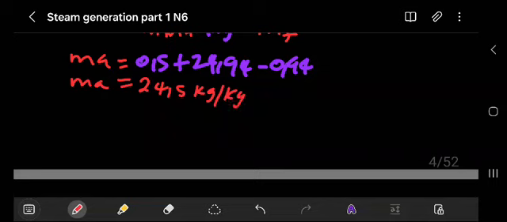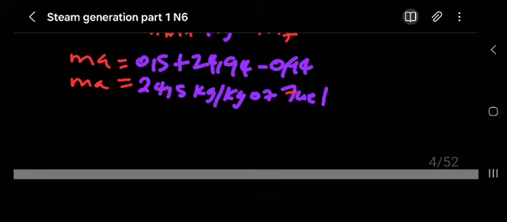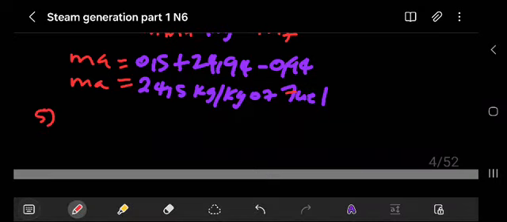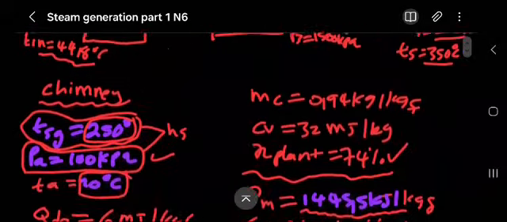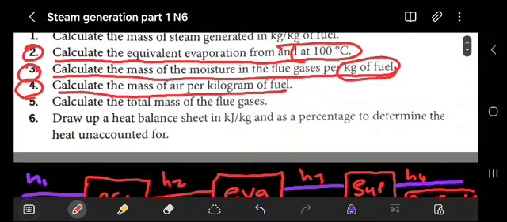If we punch this, the mass of air there will be 24.5 kilojoules per kg of fuel. So this is what we have so far. So next we'll have number 5. What do they want? Calculate the total mass of the flue gases.